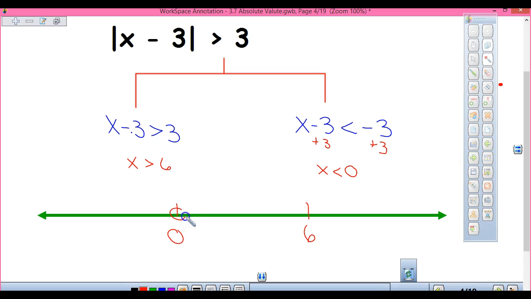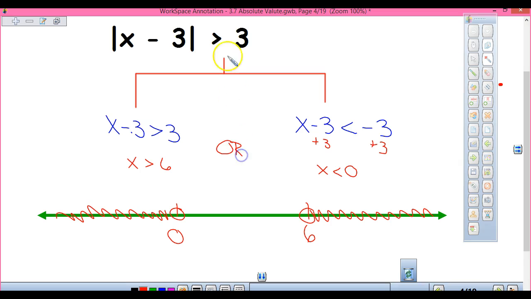Open at 0, shaded to the left. Open or closed at 6? Open at 6, shaded to the right. So by looking at this, is this an and or an or problem? This would be an or.